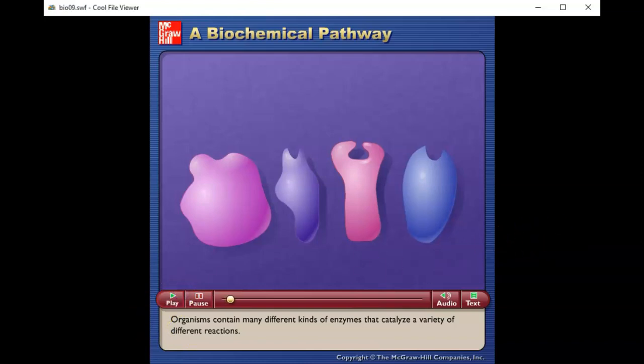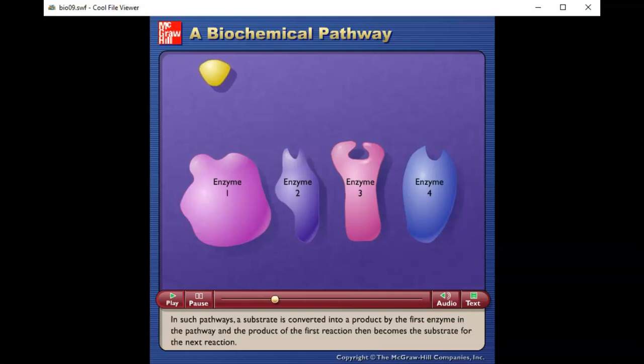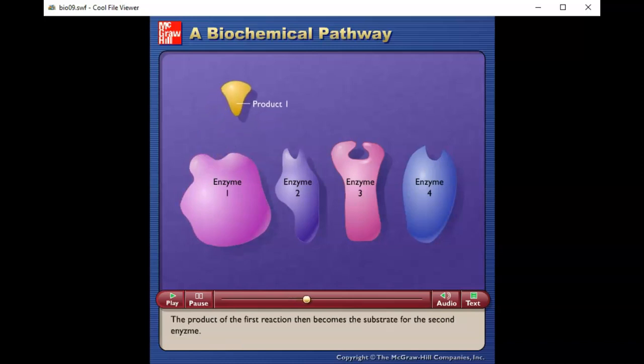Organisms contain many different kinds of enzymes that catalyze a variety of different reactions. Many of these reactions, such as those involved in the biosynthesis of an amino acid, are carried out in a specific sequence called a biochemical pathway. In such pathways, a substrate is converted into a product by the first enzyme in the pathway, and the product of the first reaction then becomes the substrate for the second enzyme.